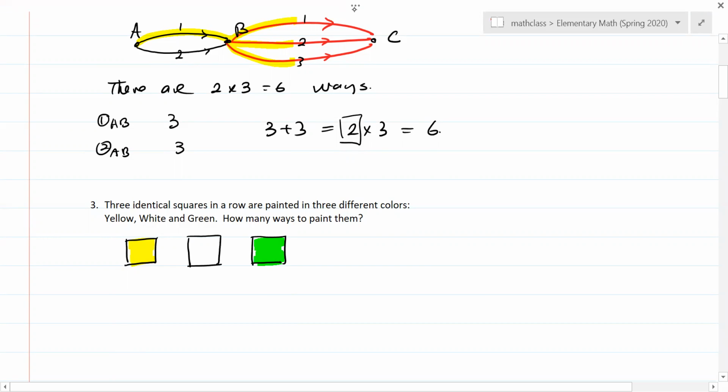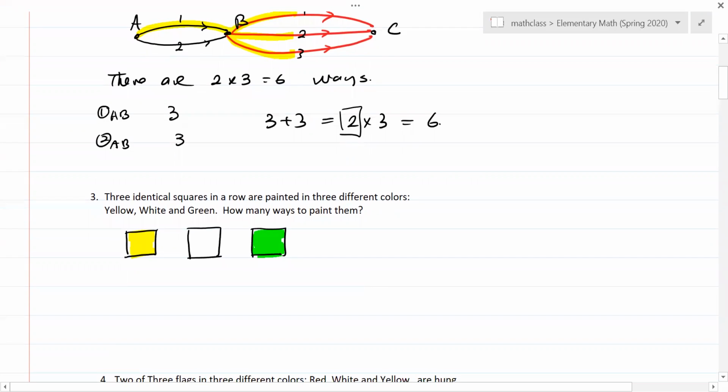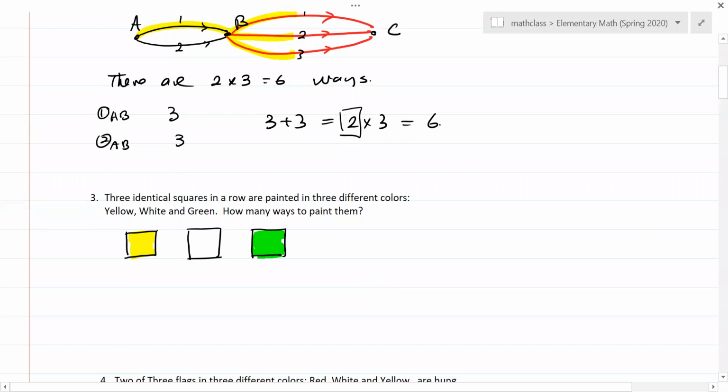How many ways are there to paint them? In other words, if you put them in a row, how many different patterns are you going to get?